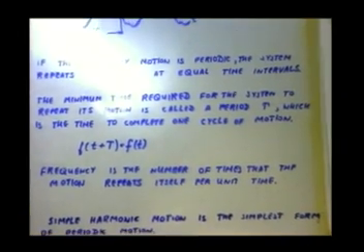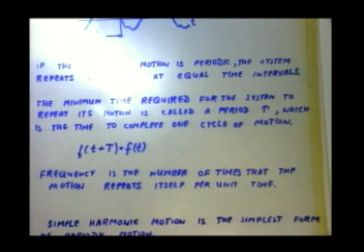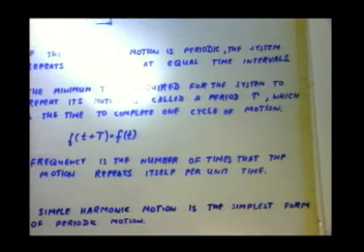Now, so we have these periodic motions, but amongst periodic motions, there is a simplest possible motion. And that simplest possible motion is sinusoidal motion. But before that, we will show this.